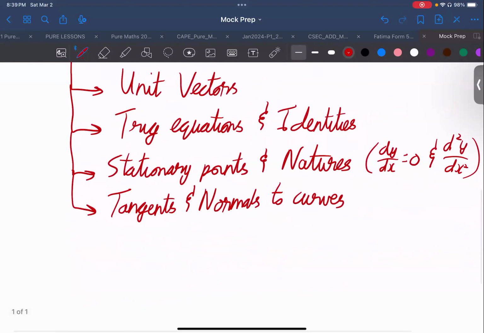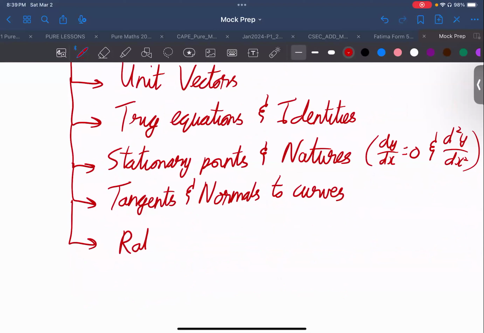Number one, rates of change. I'll do a question like this, right? Tonight, basic integration.